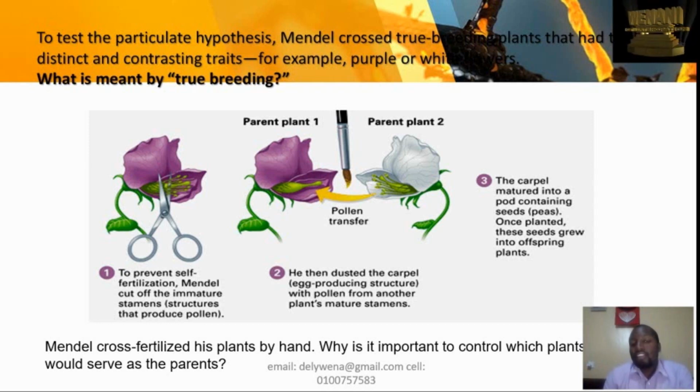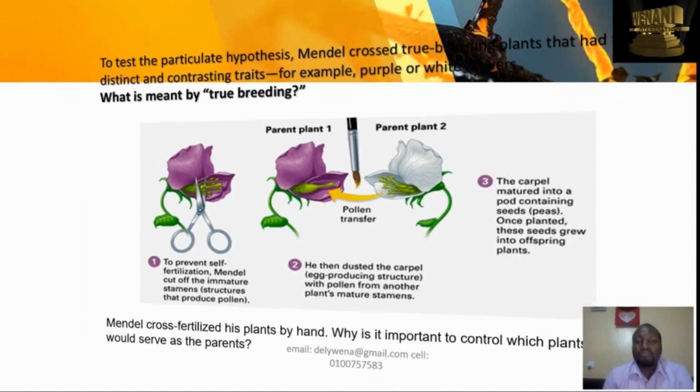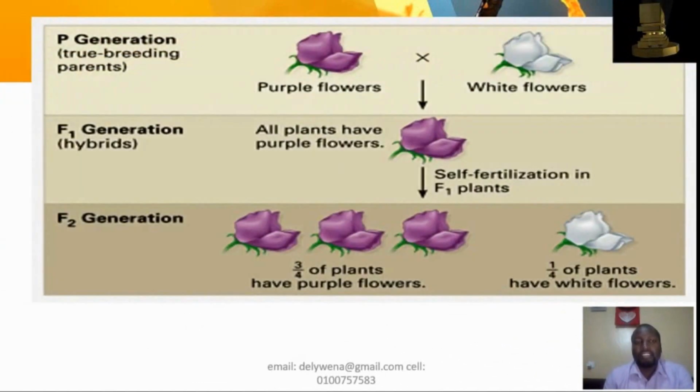So when he did that, he was able to find out that if he crossed from the true breeding pair, that is a purple with a white, the first generation, we are calling them the F1 generation, that is hybrids, all plants had purple flowers.